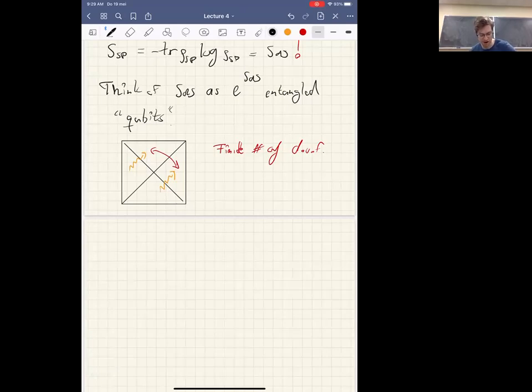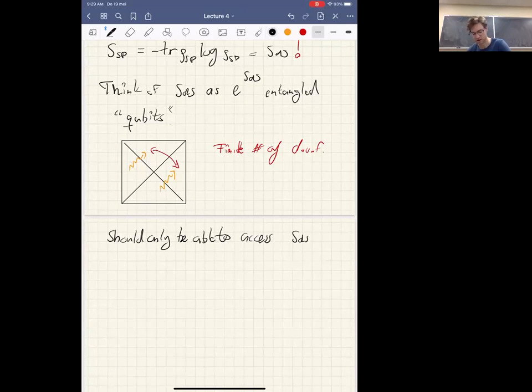And the same thing is true here, that we should only be able to access at most S de Sitter number of states, or maybe e to the S. What we'll see is that naively, in de Sitter space you can set up a particular situation where you would be able to access more than S de Sitter, or e to the S de Sitter, amount of qubits or states.